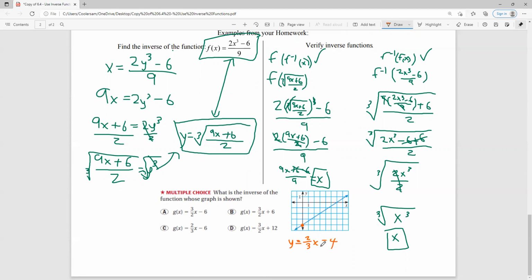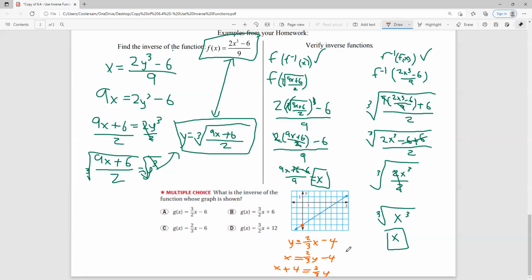To find the inverse, I just have to swap the x and the y's. So it's going to be x equals 2/3 y minus 4. I'm going to add 4 to both sides, so x plus 4 equals 2/3 y.